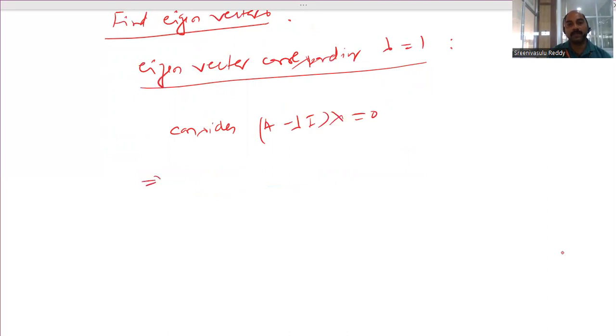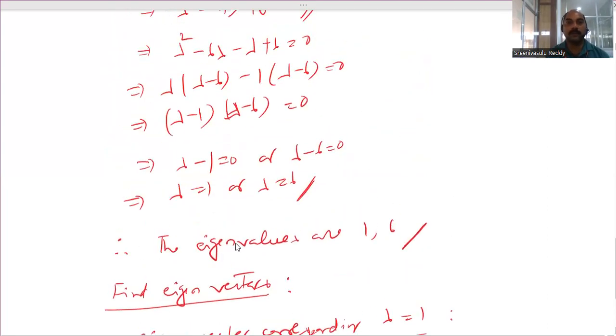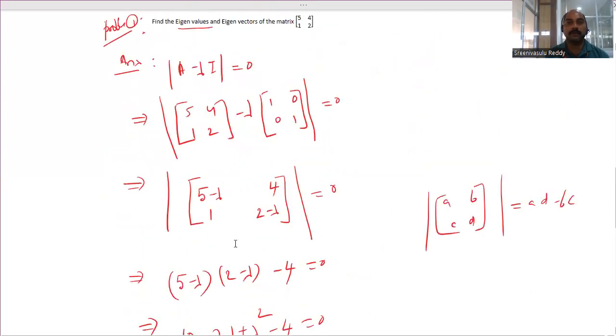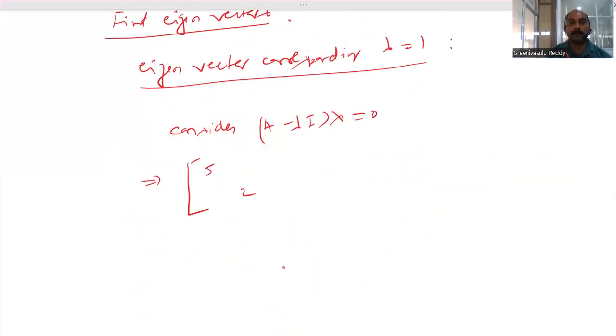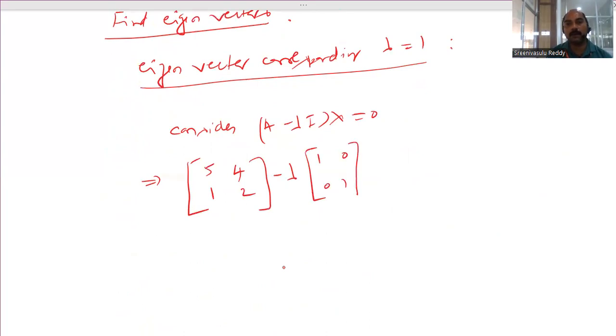This system implies A value is 5, 4, 1, 2. Lambda I value means 1 0 0 1, into x, a column vector.